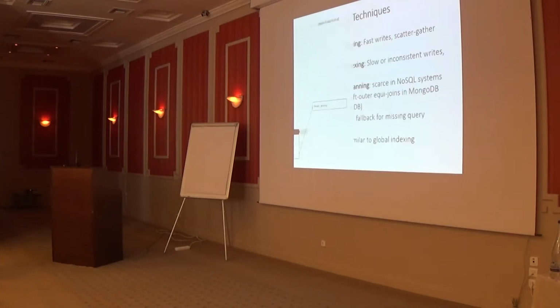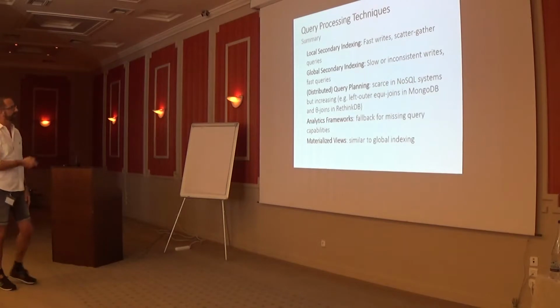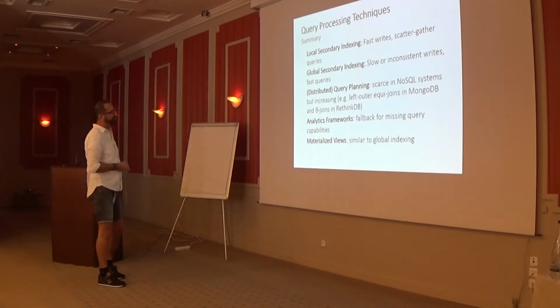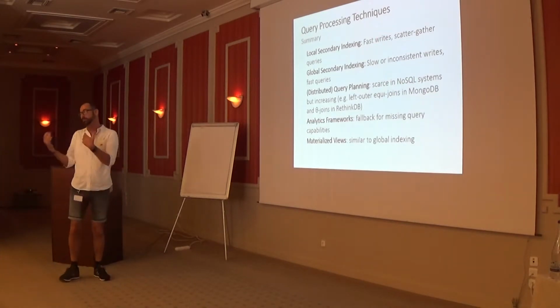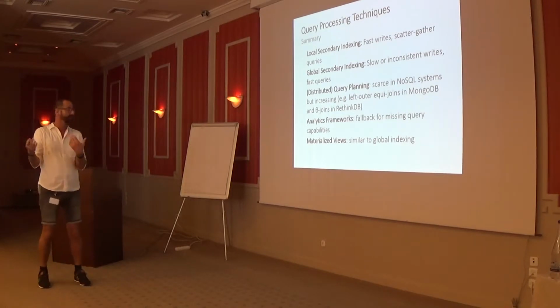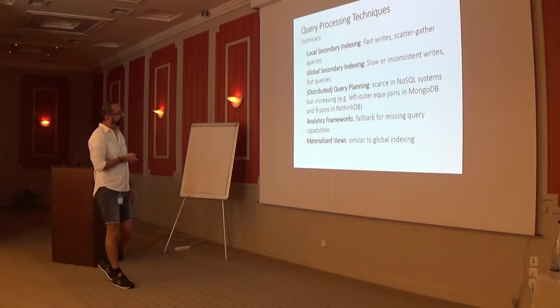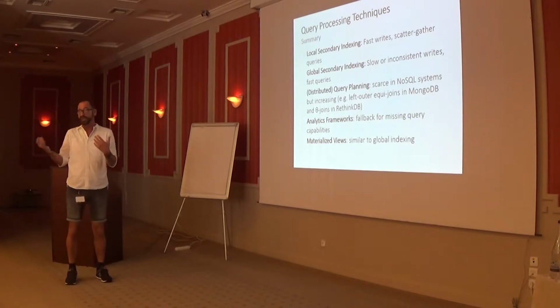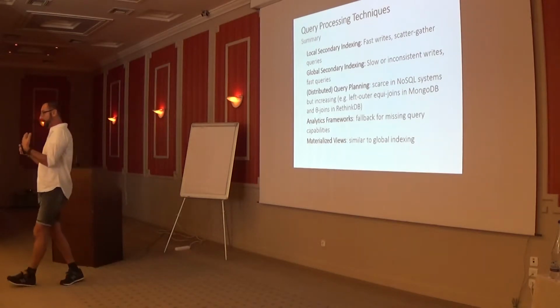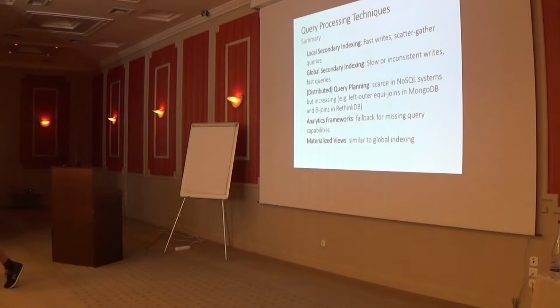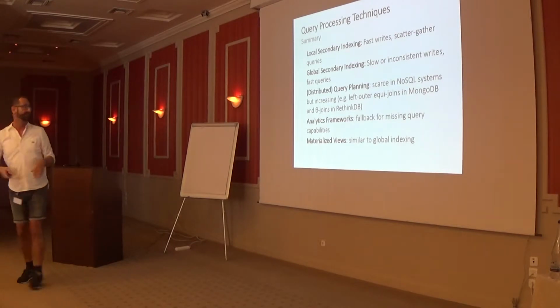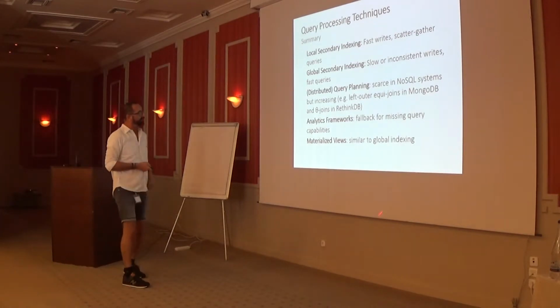And the same thing for query processing. If you have distribution, you can run local secondary indexing, fast writes, but you have to manage scatter-gather queries. Global secondary indexing, slower inconsistent writes, because it's more expensive to reorganize the index, but the queries are fast.